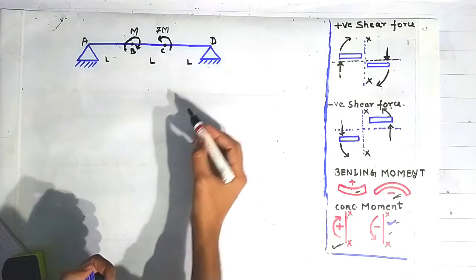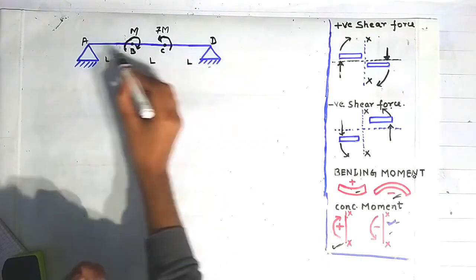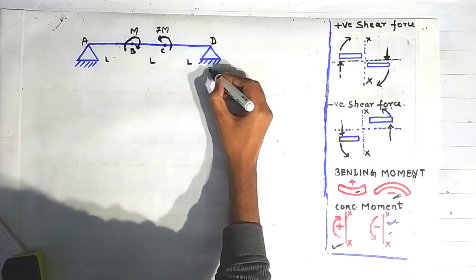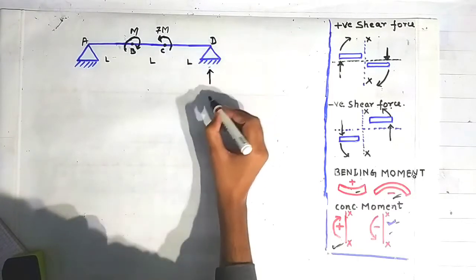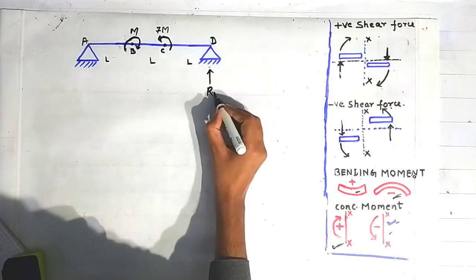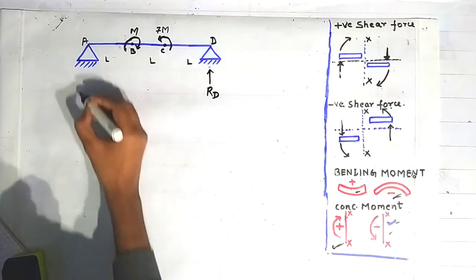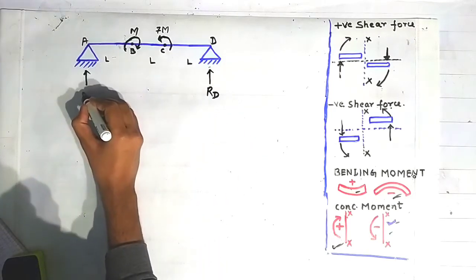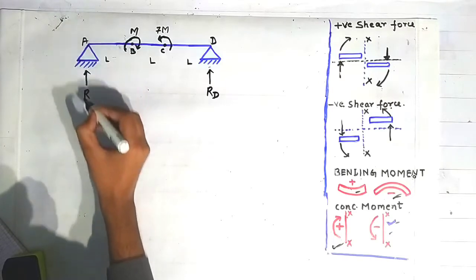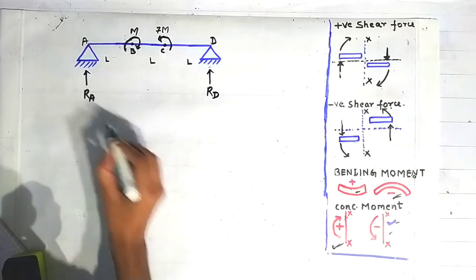So first step is always to find out the reaction at these supports. Suppose the reaction at the point D is acting vertically upward, denoted by RD, and the reaction at the point A is acting vertically upward, denoted by RA.